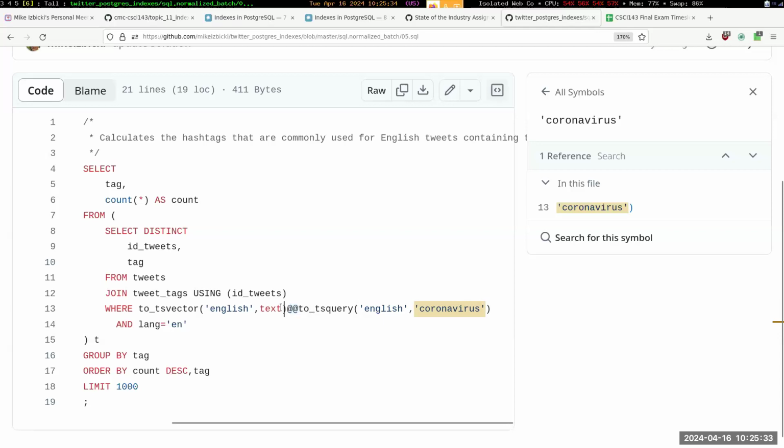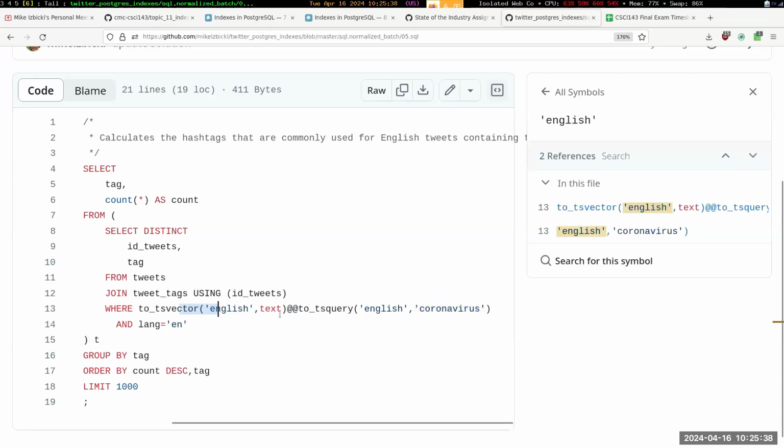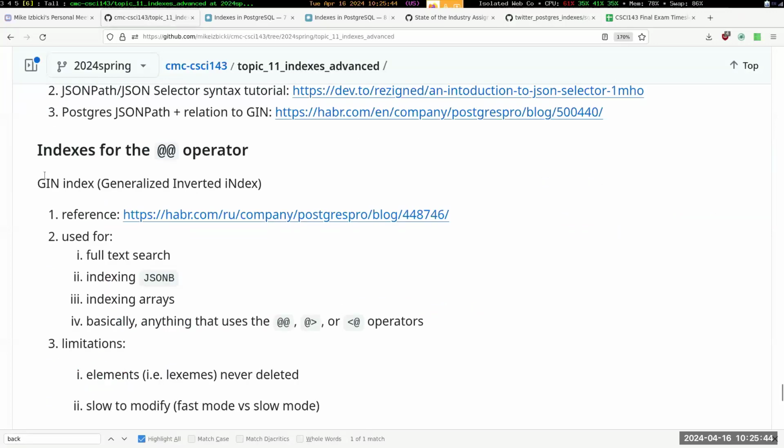So the thing on the left contains the thing on the right: the TS vector contains this TS query. And one of the uses of the GIN index is for speeding up this at operator. So far, we've only seen the full text search example. After we talk about the GIN index and its strengths and limitations, we'll then go on to the JSONB.